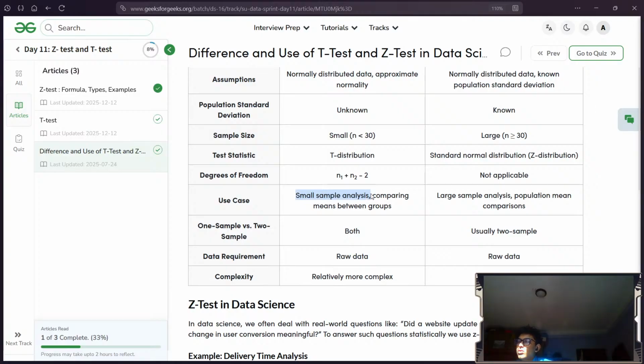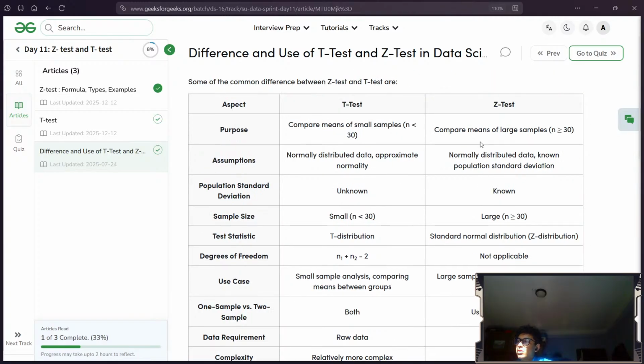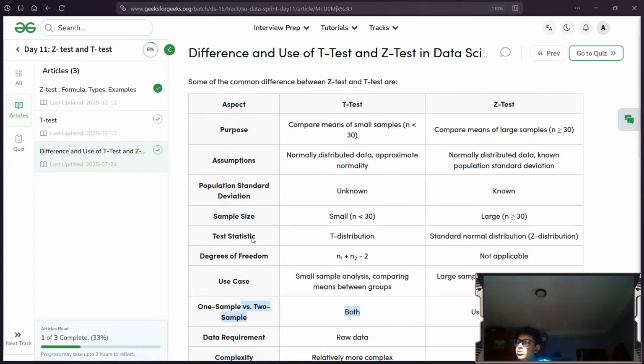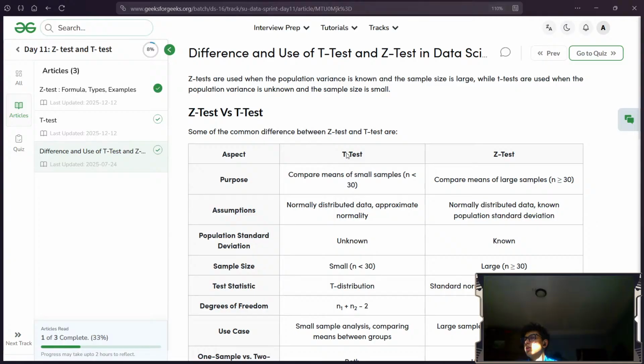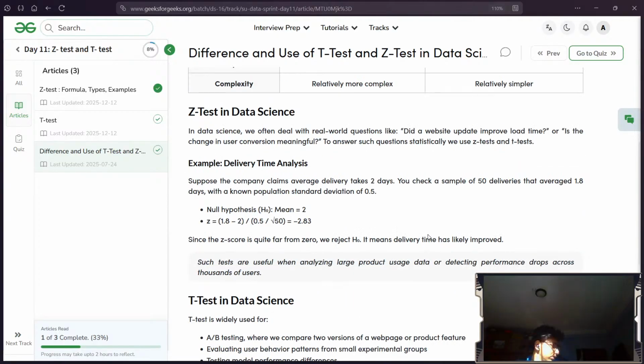Use case: small sample analysis comparing means between groups; large sample analysis and population mean comparisons. Both can be one sample or two sample. Complexity: the t-test is relatively more complex, the z-test relatively simpler.